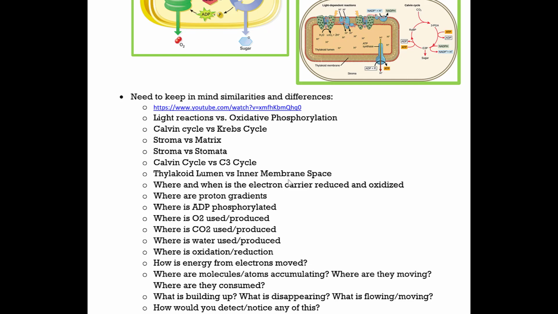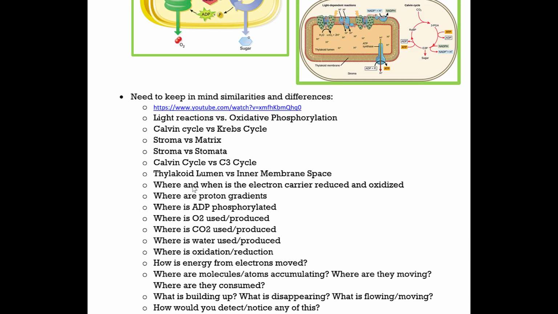We do also have proton concentration increasing in this region during cellular respiration, and it will power the ATP synthase enzyme slash facilitated diffusion protein. It will power that in cellular respiration.